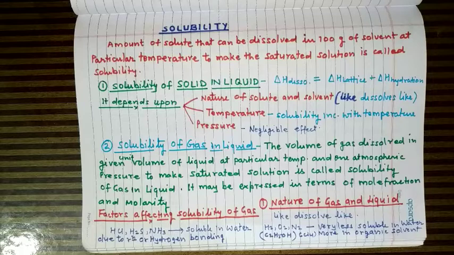Actually, this happens because when we put the solute in any liquid, the liquid molecules hit the crystal constantly and overcome the force of attraction by which the particles are held in the crystal. Then they are dislodged from the crystal and come into the medium.